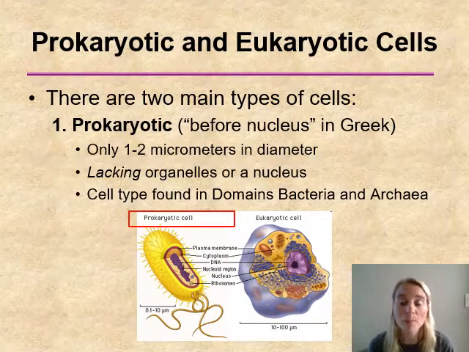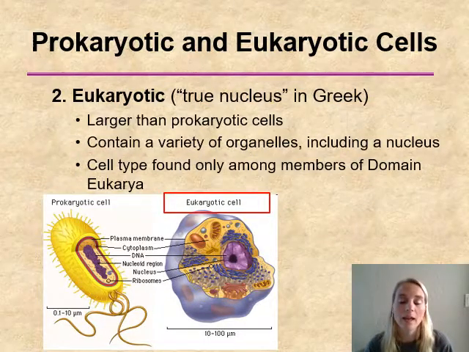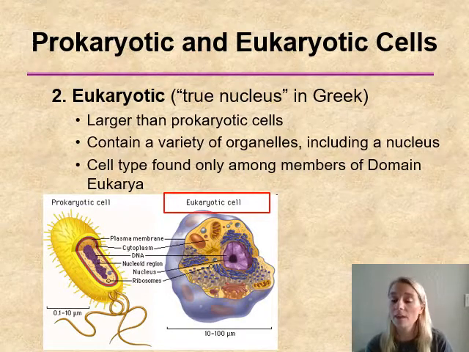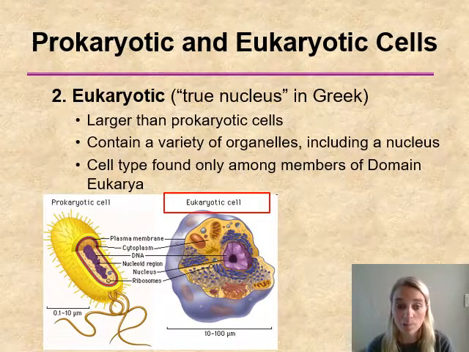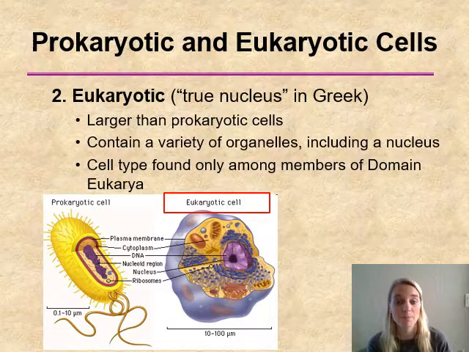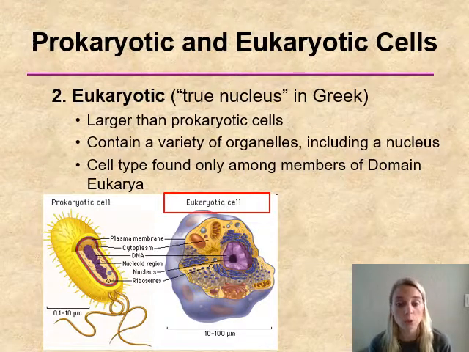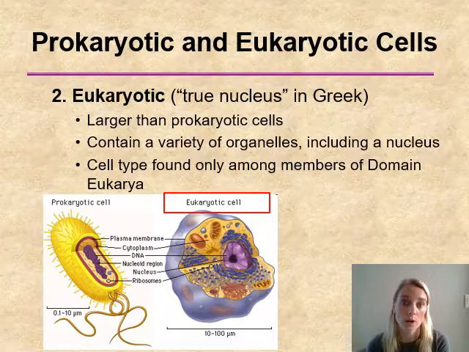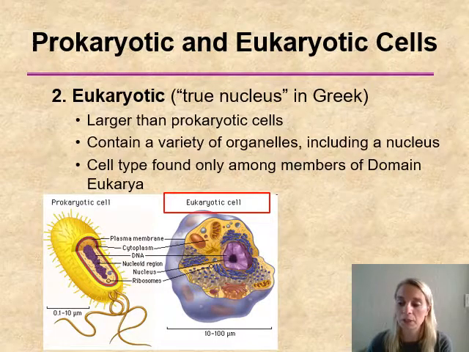They're kind of the most basic design plan for an actual cell. And then here is, for comparison, the eukaryotic cell, the true nucleus. They're very much larger and more complex. They have organelles, they have membrane-bound organelles, including the nucleus, and they are in their classification domain called eukarya. We'll see some classification here in a little bit.